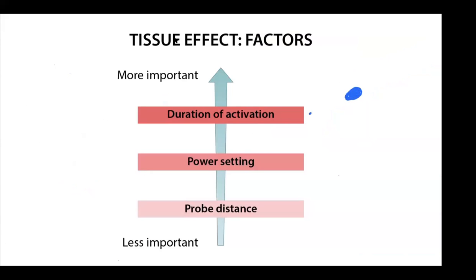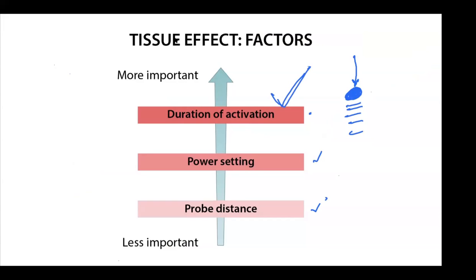But what they've shown is how long you activate. Say, for example, you're activating at this point without moving your probe. That duration of activation is going to cause a lot of deep thermal damage. And then if you increase the power setting, again, more damage. If you keep the probe very close, again, more damage. In terms of relative importance, the duration is actually the most important thing.